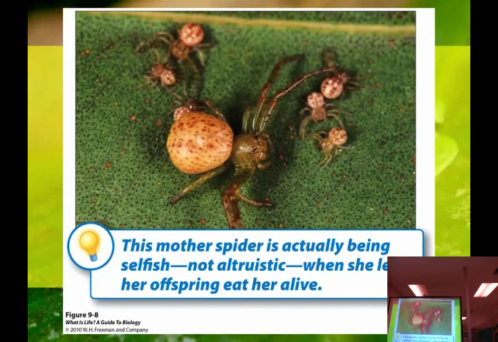So here is a good example, and this is kind of gross. This mother spider hatches like 50 babies on her back, and then immediately the babies start sucking her blood. And this mother spider actually becomes liquefied inside as these little baby spiders suck all of her juices out of her until they finally eat her alive. She's dead. They have eaten her completely.